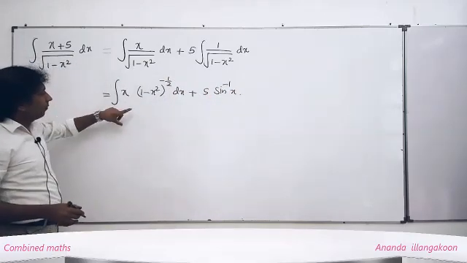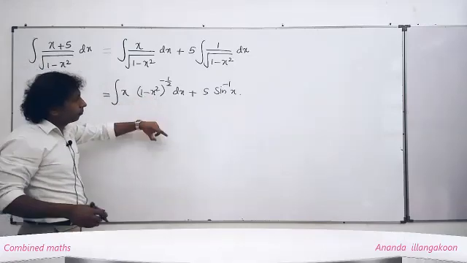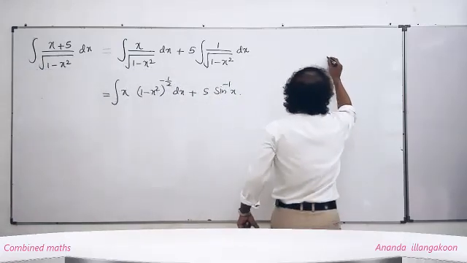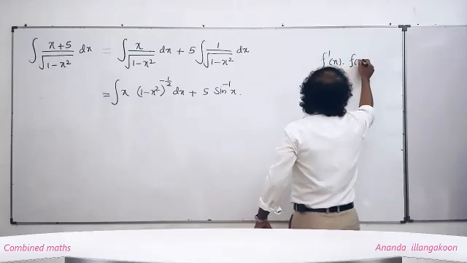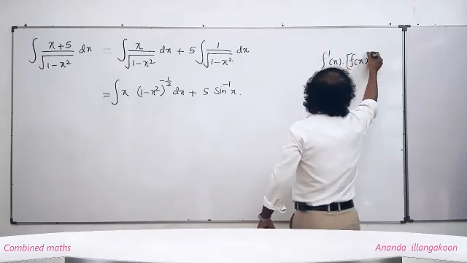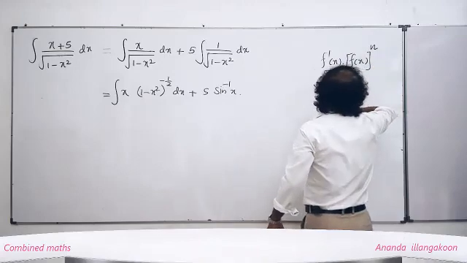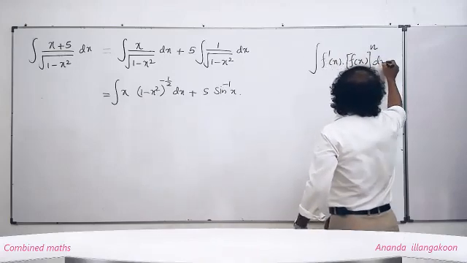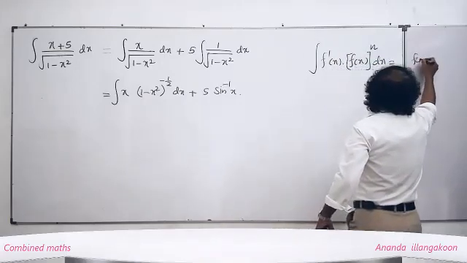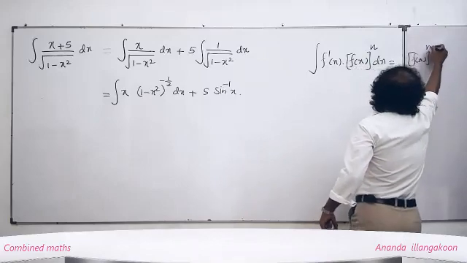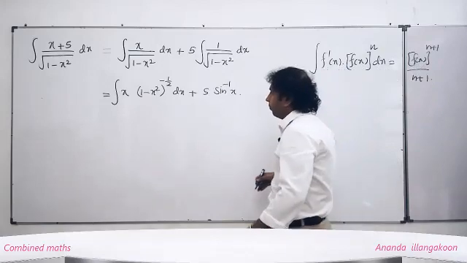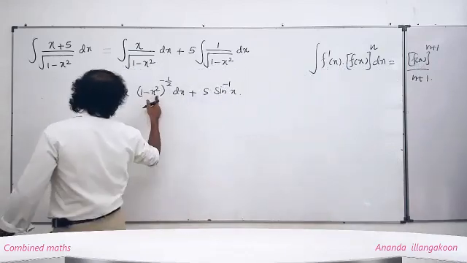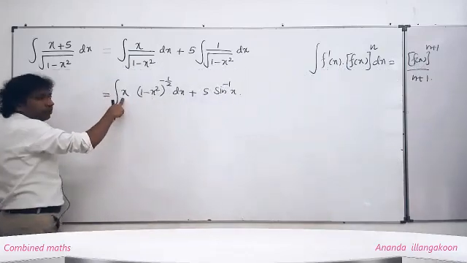Then you can think here, people, this is your f(x) function. We have a theory like this, no? f dash x times f(x) to the power n. This one we know: f(x) to the power n plus 1 divided by n plus 1. Then here, if we consider f(x) like this, its derivative we should have here.